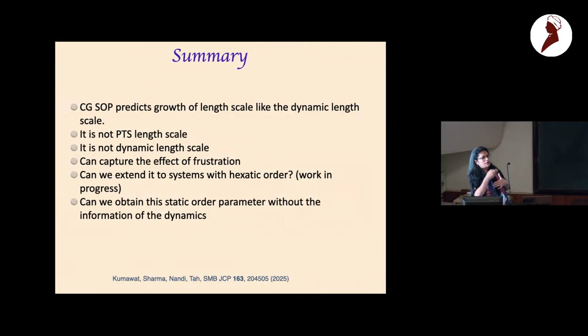I'm taking many structural order parameters and trying to pick which best describes my slow dynamics, and it can capture the frustration, which I don't think a dynamical length scale would do. At least I haven't seen any dynamical length scale capturing the frustration. We are trying to extend it to systems with hexatic order to see how it works.